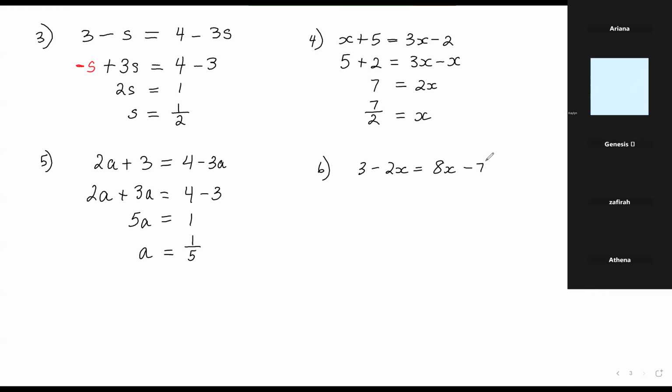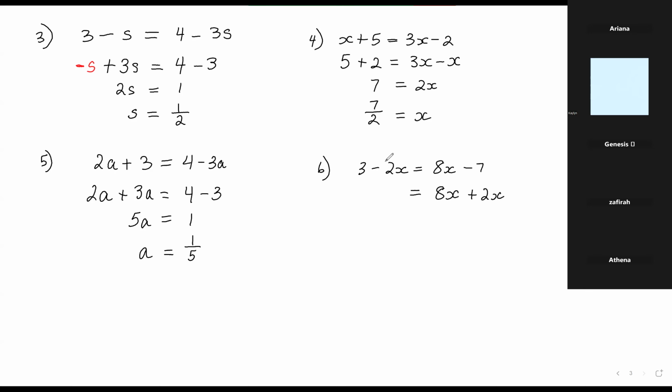So the 2x will go past the equal sign. So on that right-hand side, I'll have 8x plus or minus 2x. Plus. That's right. Why would it be plus? Because a negative and a negative is a positive.